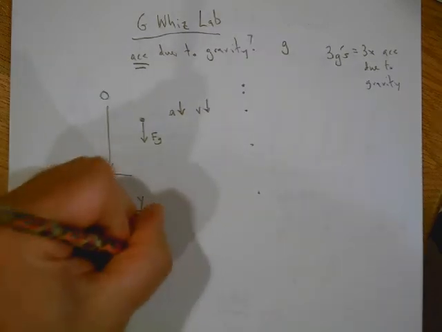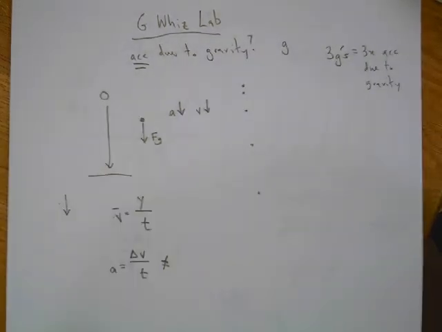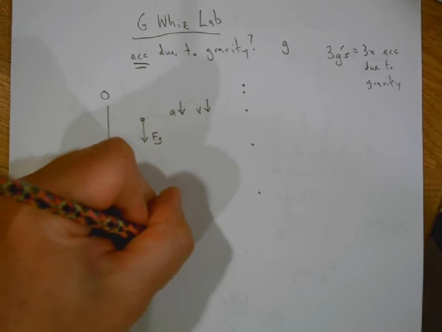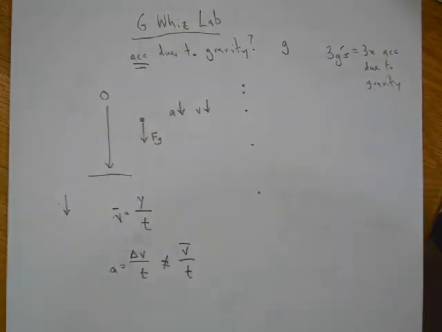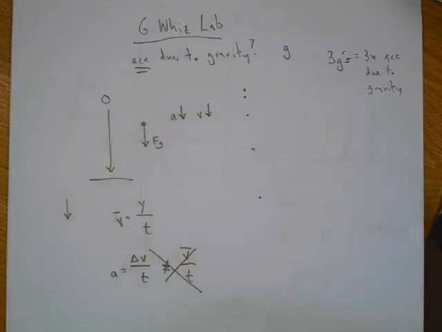You'll notice it is not this, the average velocity over time. That is not your acceleration. It is the rate your velocity changes. Anytime you do change in anything, just like finding slope in math class, it's change in y over change in x: y2 minus y1 over x2 minus x1.